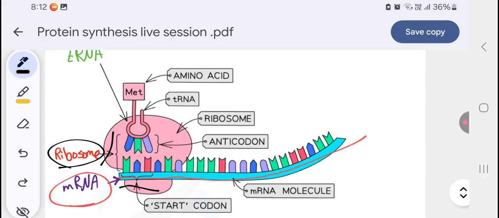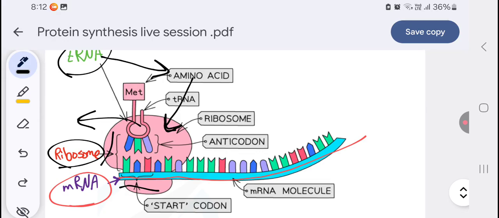The third player will enter, which is the transfer RNA, carrying its specific amino acid. It drops its amino acid in the large unit of the ribosome and leaves the ribosome.